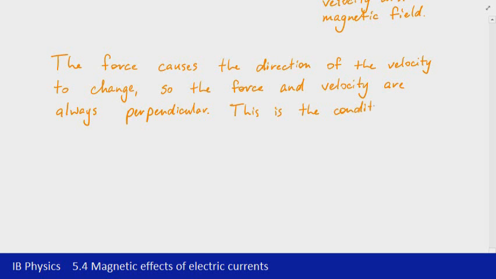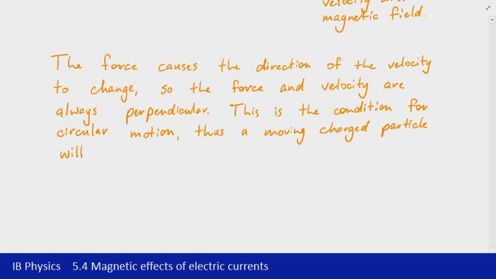That is, that the velocity vector and the force vector are always perpendicular. So that means that the motion of a charged particle in a magnetic field is always going to travel in a circular path. So that means that we can then use the equations for circular motion to determine a few other quantities, such as the mass of the object that is charged.